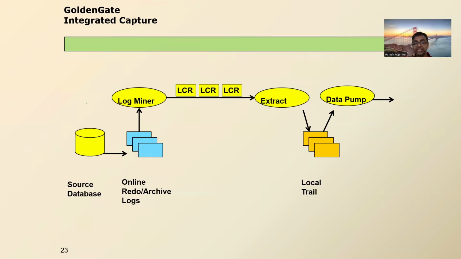Once those changes are written, the copy of those changes gets written into the log miner database. Then log miner passes on those changes to the extract process in the form of LCRs, logical change records. The extract process then writes them to the local trail file, and then your continuous replication happens.